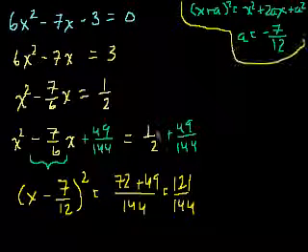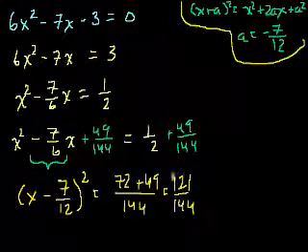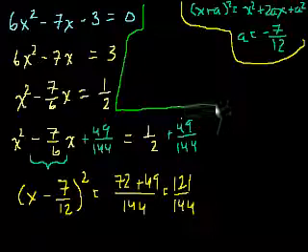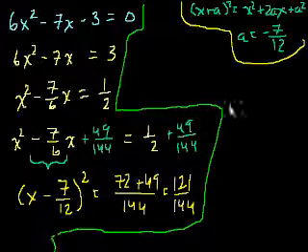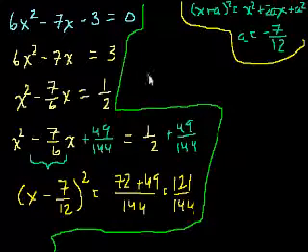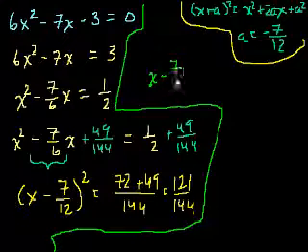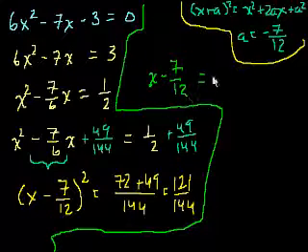So what do we do now? Well, now we just take the square root of both sides of this equation, and we get, I'm trying to free up some space, switch to green. Let me partition this off. And we get x minus 7/12 is equal to plus or minus the square root of that, so plus or minus 11 over 12, right?